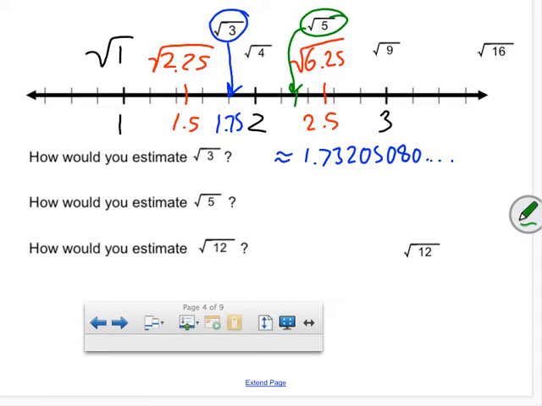And what is halfway? 2.25. Now, can you guys punch that into your calculator and tell me if that was a good estimate? What is it? 2.236067977. All right, we good?